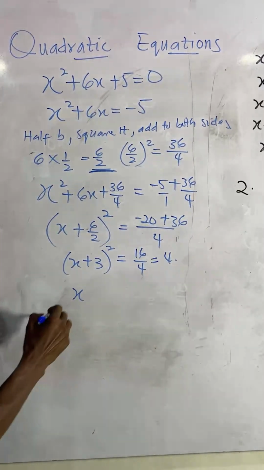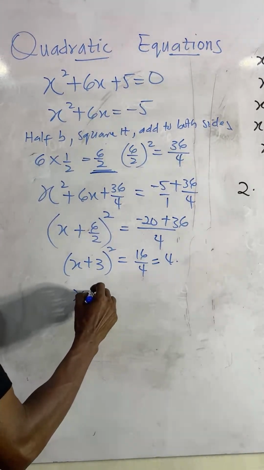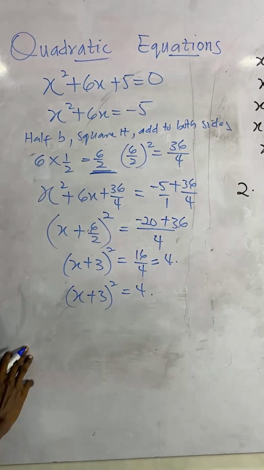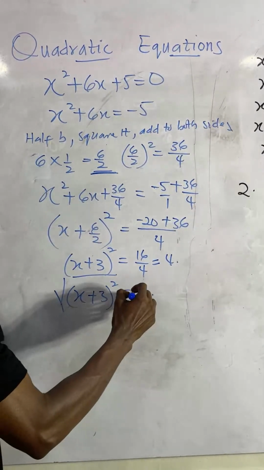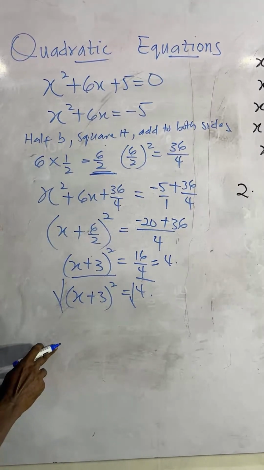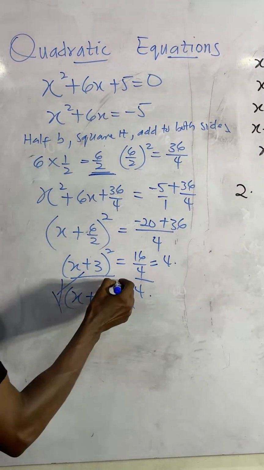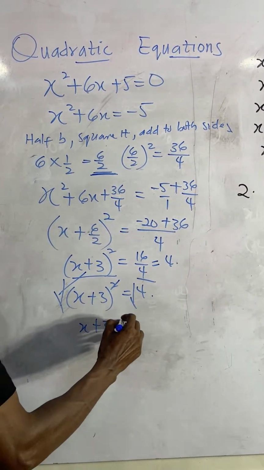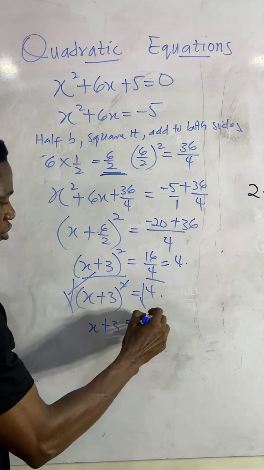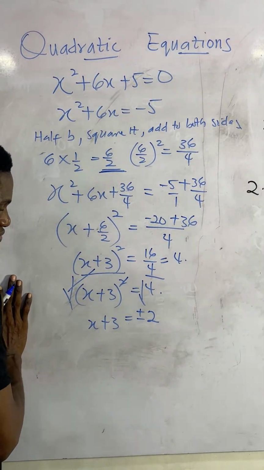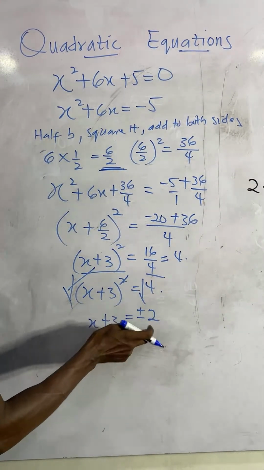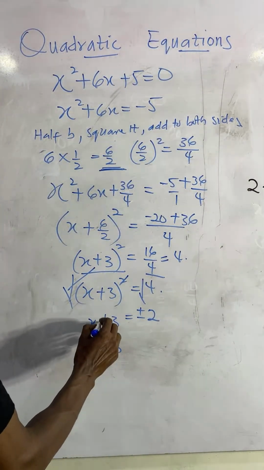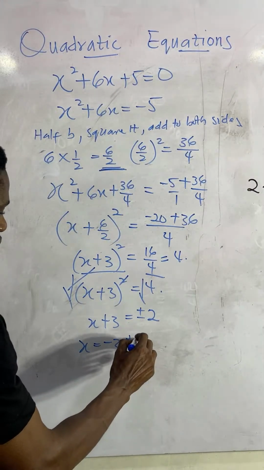So x plus 3 squared equal to 4. This is what we have. So we can take the square root of both sides. Square root and square go. So we have x plus 3 equal to plus or minus the square root of 4, which is 2. Now if we bring this plus 3 to the other side, the plus 3 becomes -3, plus or minus 2.